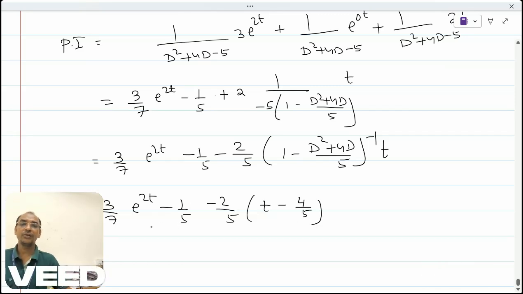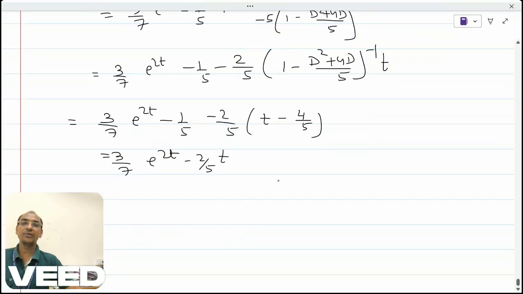So 3 by 7 e to the power 2t, and then minus 2 by 5 t. Then what will happen? Minus 1 by 5 plus 4 by 5. 4 by 5 minus 1 by 5 is 3 by 5. So plus 3 by 5. So this is your PI.